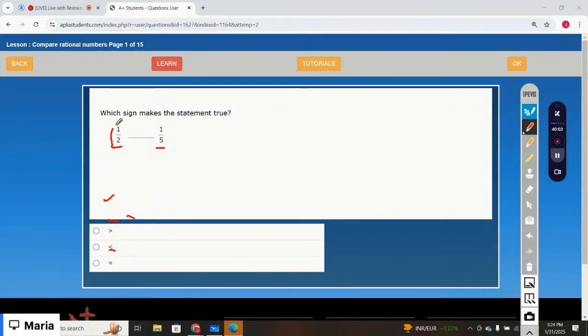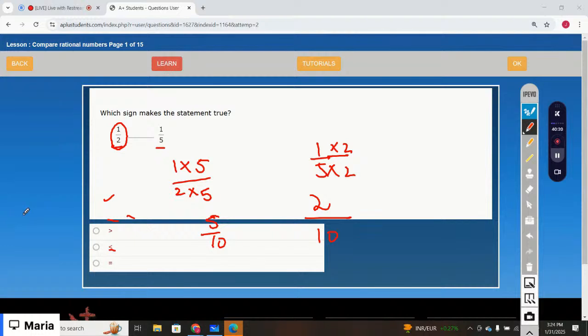So 2 times 5 is 10. So you need to multiply this fraction by 5. 1 times 5, 2 times 5. That is 5 over 10. So 1 over 5, 5 times 2 is 10. 2 times 1 is 2, 2 times 5 is 10.